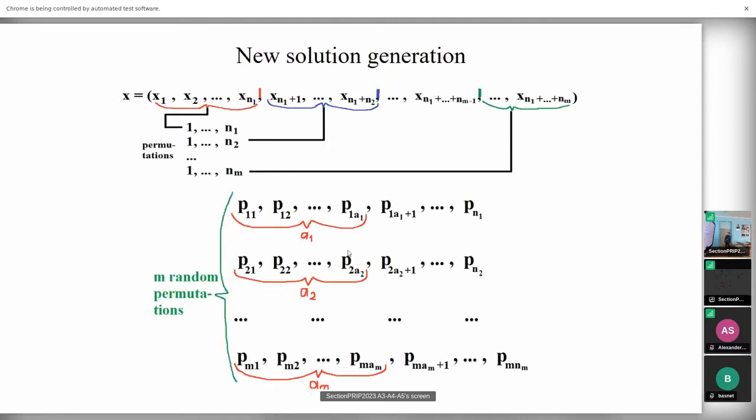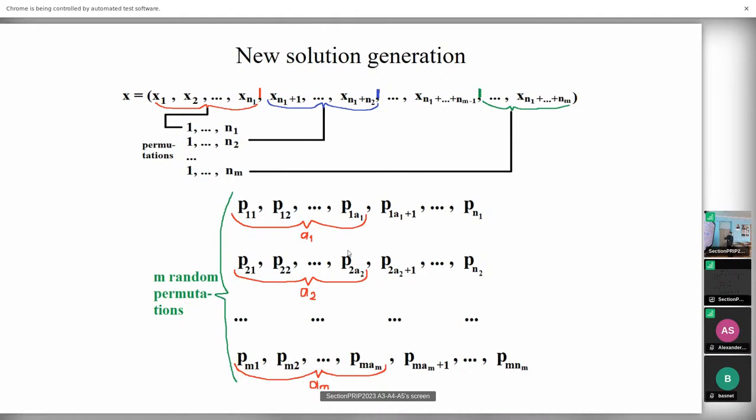The most important part of the algorithm is new solution generation, which is crucial in this algorithm. First, we should split all tunable parameters into groups before the training starts. We split them into groups according to some logic. For example, they have the same variance, or, more importantly, they have the same semantic sense.